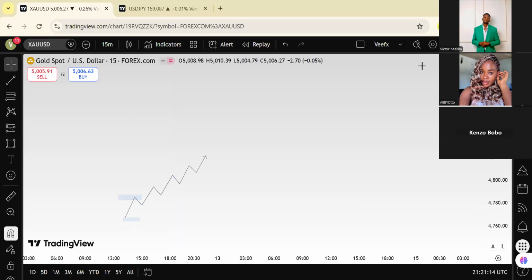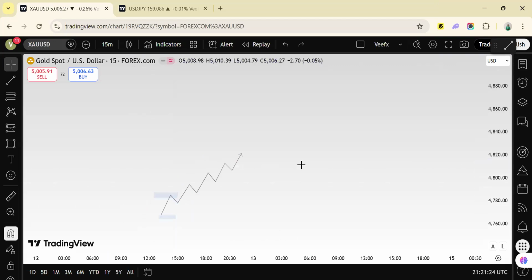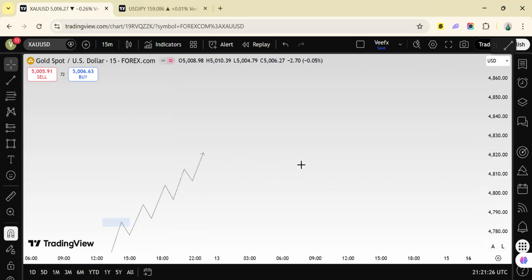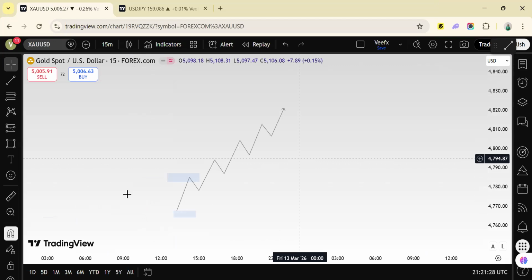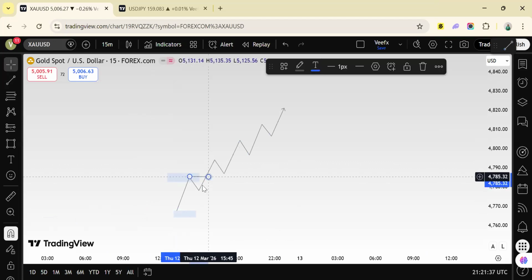For every higher high that the market takes out, you have what we call a break of structure. For example, this zone right here was a recent high.